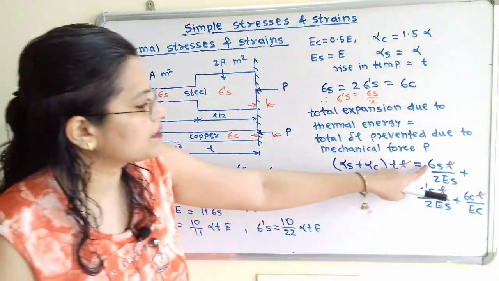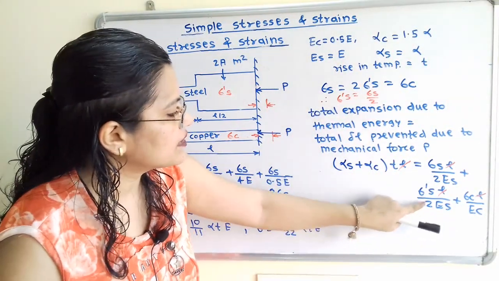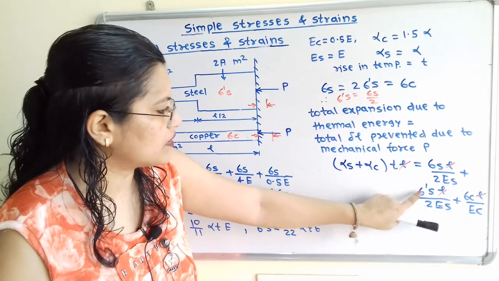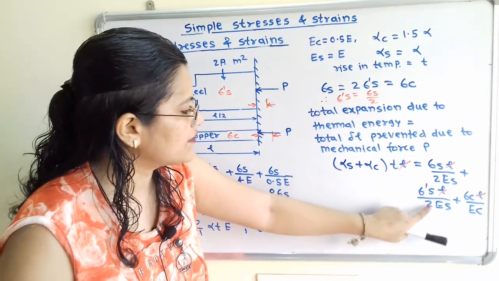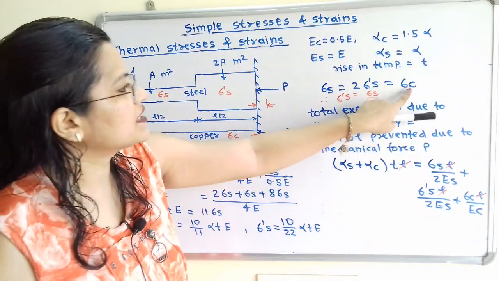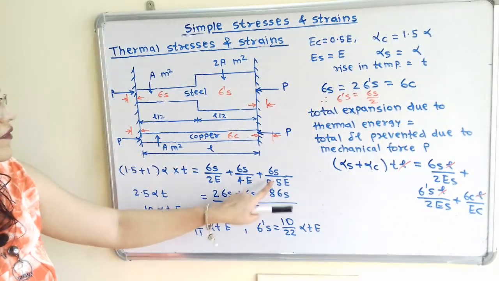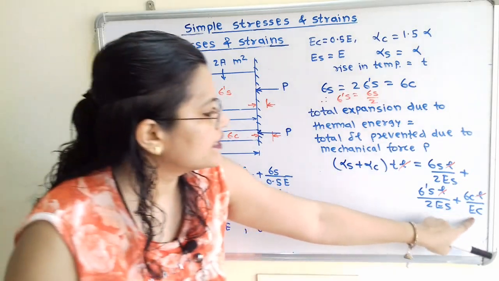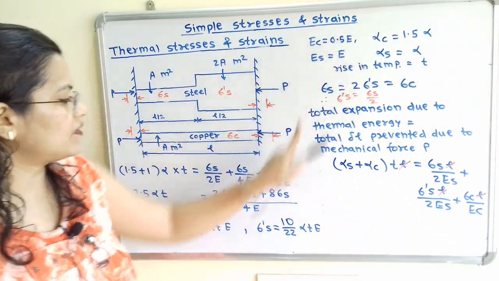So if we write sigma S by 2 here, then 2 multiplied by 2 is 4, that is sigma S divided by 4E plus sigma C. Here sigma C is equal to sigma S, so we write sigma S divided by EC, which is 0.5E.